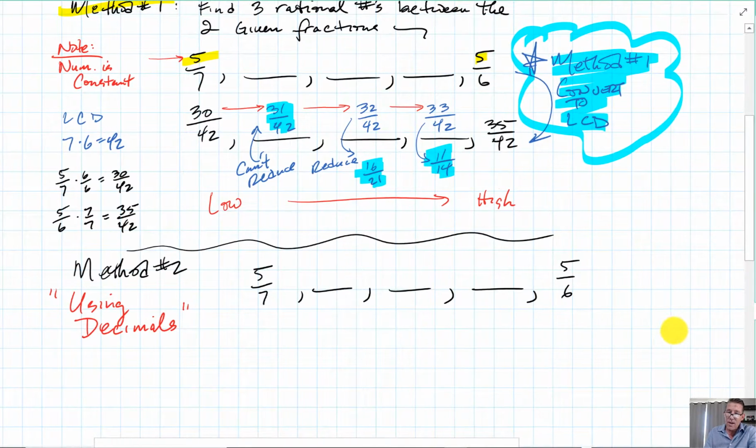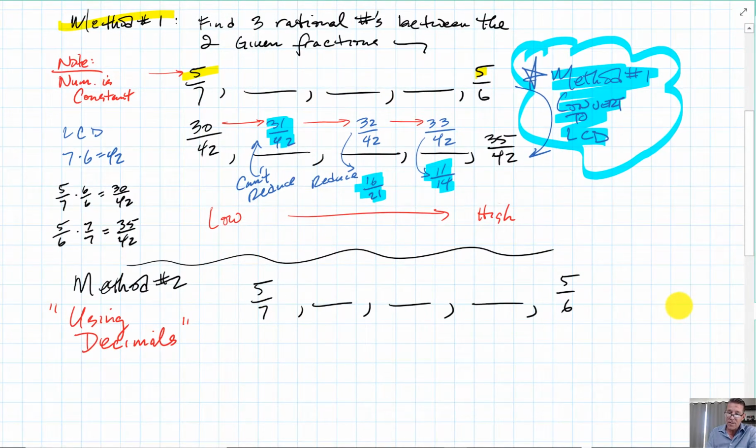So now we're going to keep the numerator constant, and we're going to create fractions between these two, 5/7 and 5/6, by using decimals. So keep numerator constant, and vary the size of the decimal.